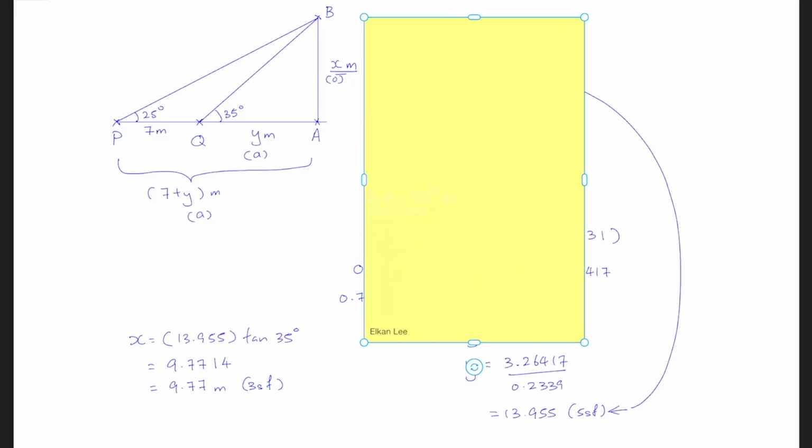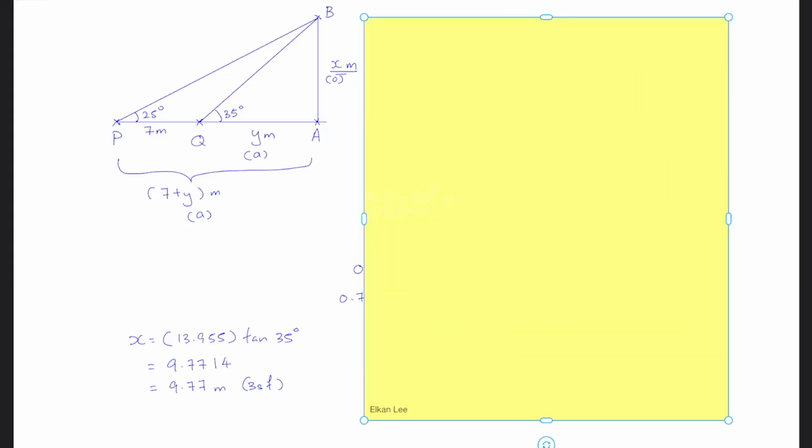Okay, let me bring this down. So the previous method requires you to use a lot of calculator and then converting your tangent 35 degrees and tangent 25 degrees into actual numbers.